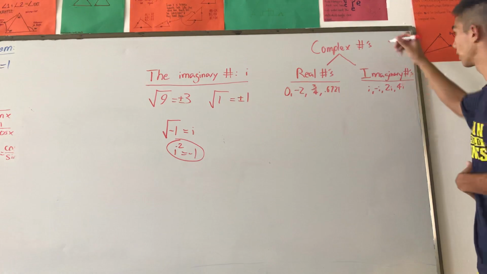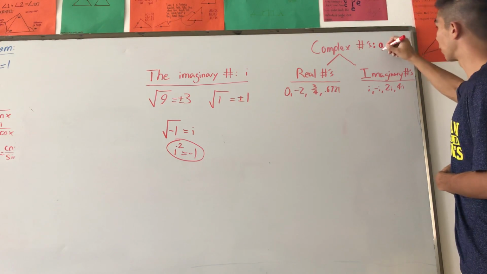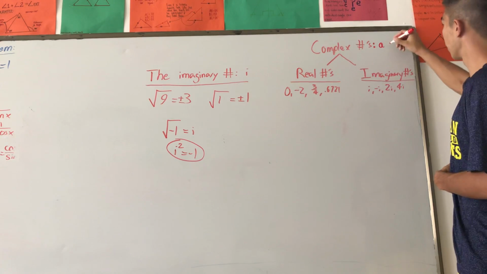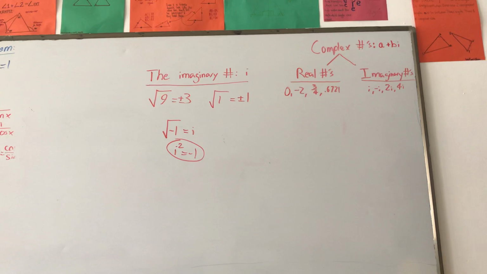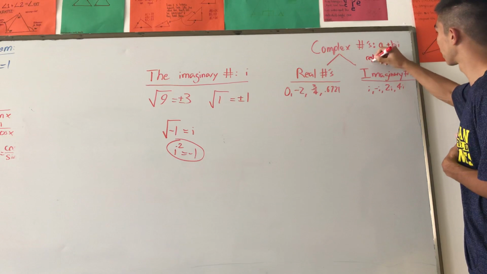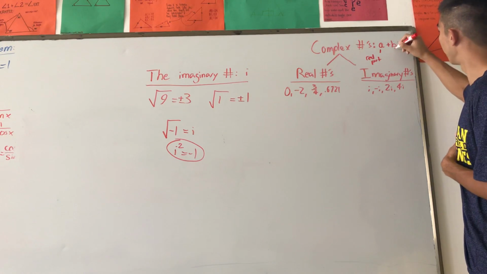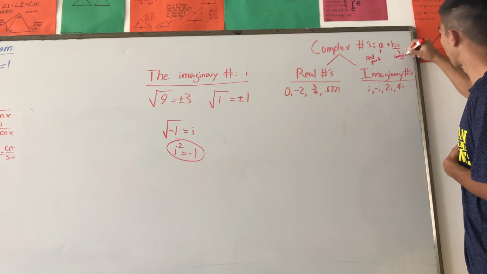Okay? So complex numbers have the form a plus bi, where a is any real number. So a is the real part, and bi is the imaginary part.